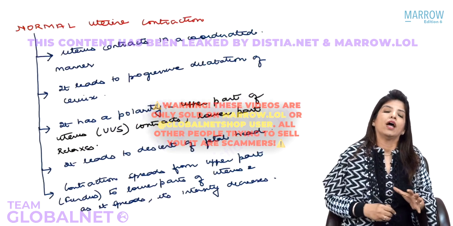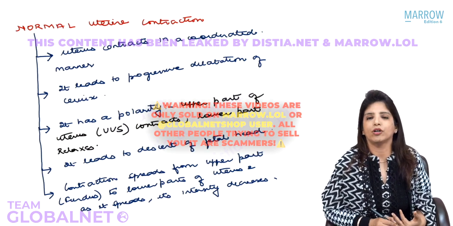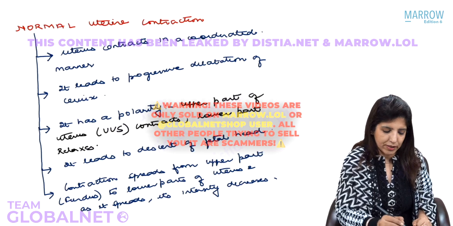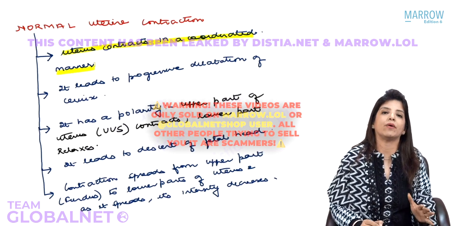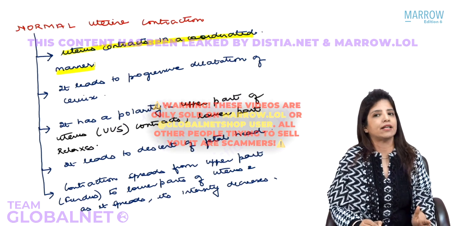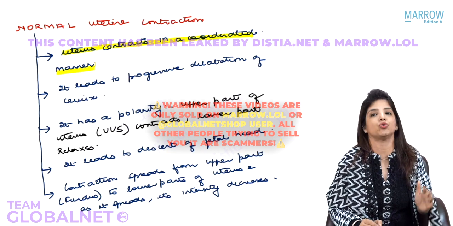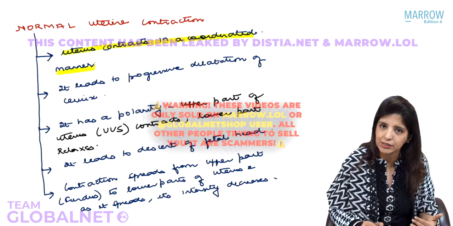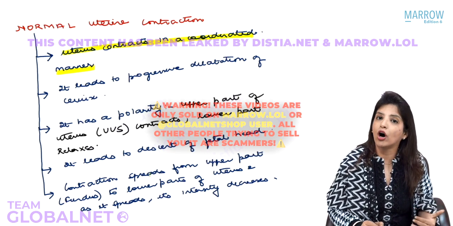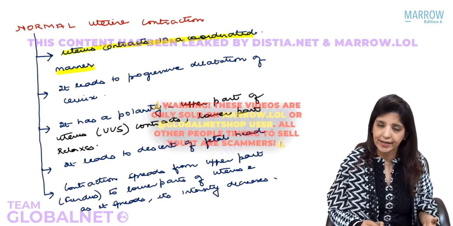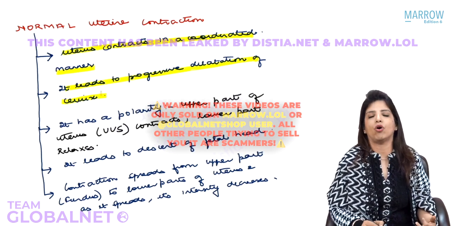Now, as far as the characteristics of the normal uterine contractions are concerned, please remember that just now I told you that the uterus contracts in a very coordinated manner, and that is happening because of the increase in myometrial gap junctions due to increased prostaglandin levels. Now, normal uterine contraction or normal labor, that is how you define it. That means it is going to lead to dilatation of the cervix.